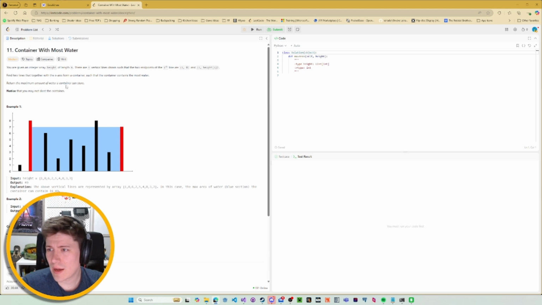Anyways, let's see. Container with the most water. Interesting.